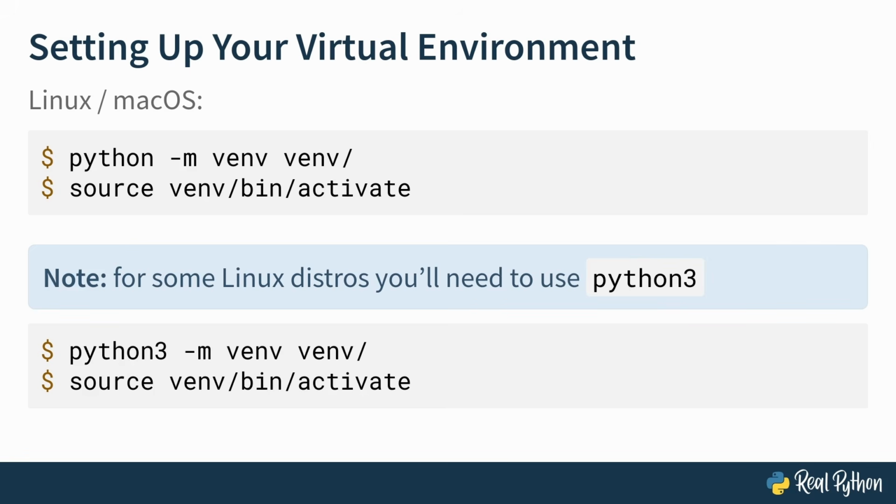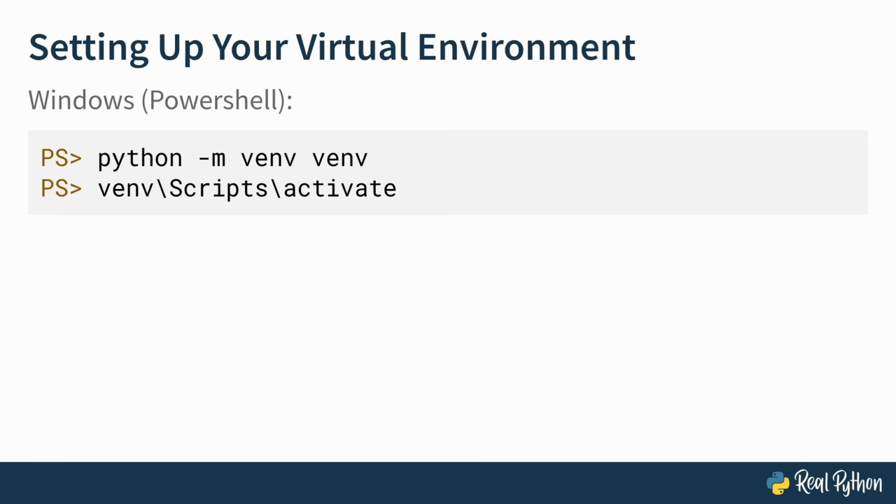And again, a note that for some Linux distros, you will need to use python3 as opposed to python. For Windows PowerShell, you use python -m venv venv, and to activate that virtual environment called venv, you then type venv\Scripts\activate, with a capital S.